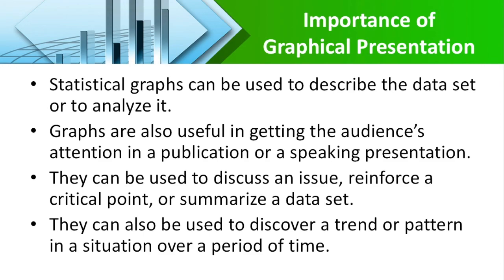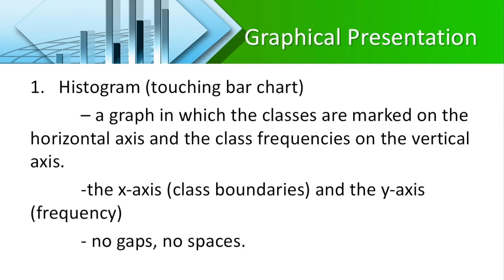Now, there are different graphical presentations that we can use in organizing and presenting data so that we could describe it meaningfully. But the first one will be histogram. And histogram is like a bar chart, but the difference is histogram is a touching bar chart.